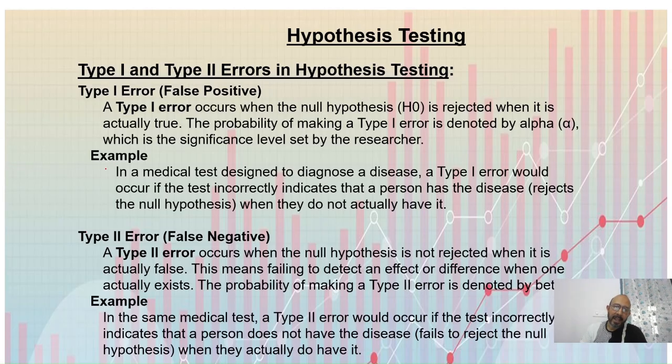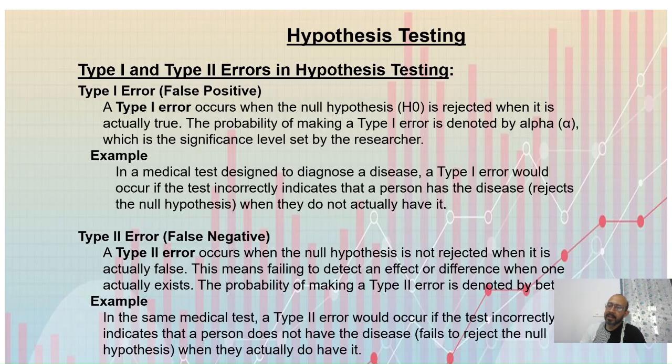Type 1 error example: in a medical test designed to diagnose a disease, a type 1 error would occur if the test incorrectly indicates that a person has the disease when they don't actually have it.